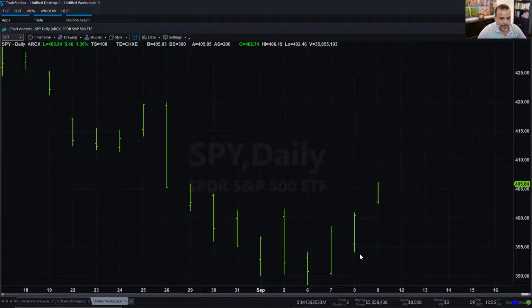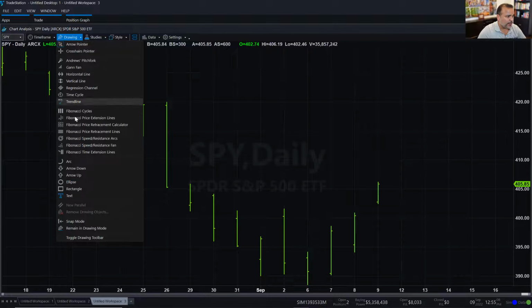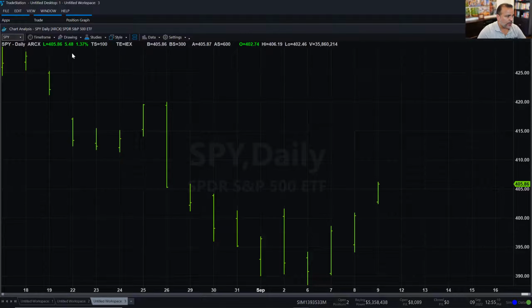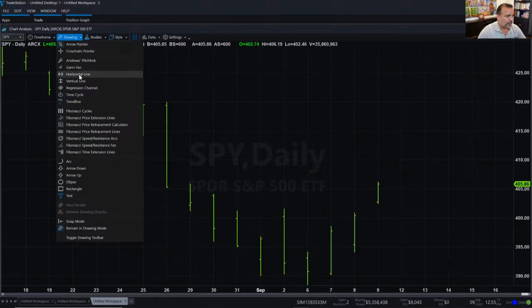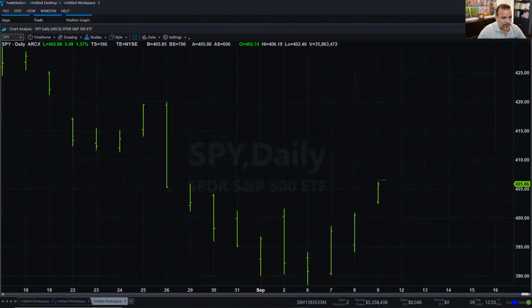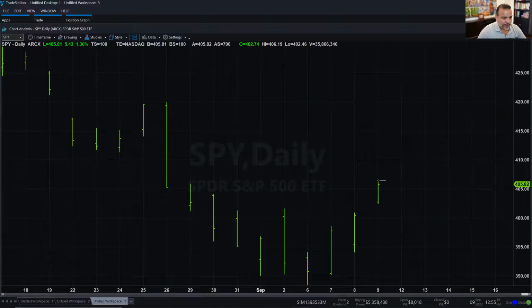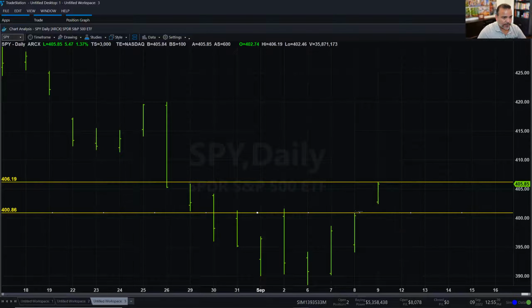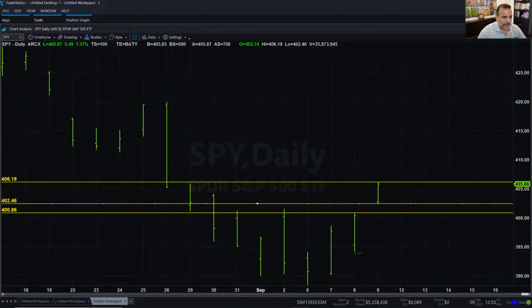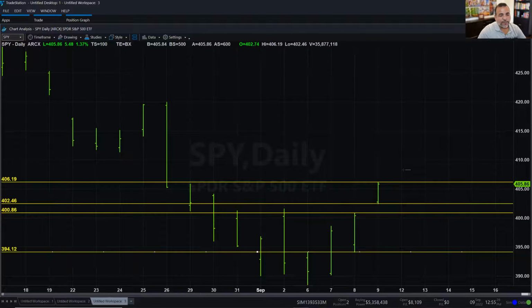Let's draw some horizontal lines so that we know what the prices are. I'm going to turn snap mode on because I want a line right here, here, here, and here. I'm just adding 4 lines to the high and the low of these 2 bars.